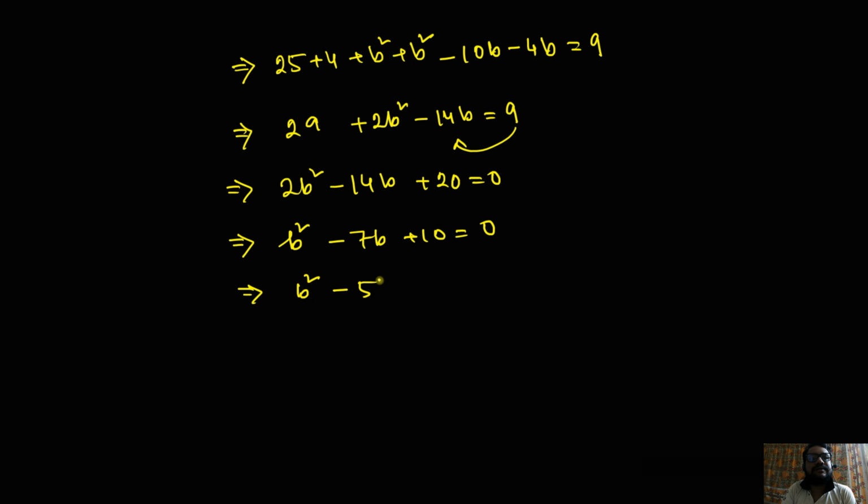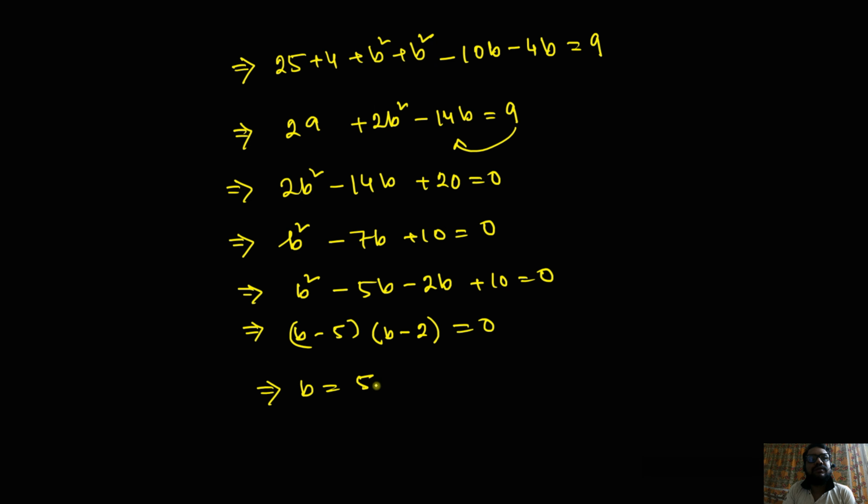So b square minus 5b minus 2b plus 10 equal to 0. That means b minus 5 into b minus 2 equal to 0. That implies b has two values, one is 5 and one is 2. So that is the solution of the equation. We have got b equal to 5 and 2.